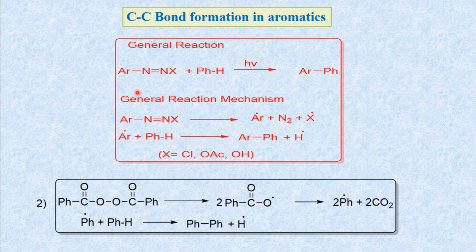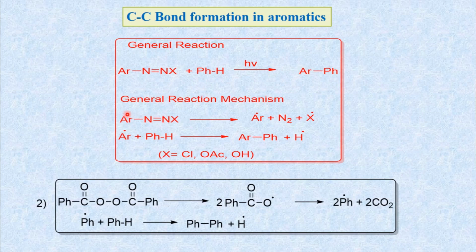He explained this result by the following mechanism involving the direct displacement of hydrogen atom in the aromatic solvent molecule by aryl radical, that is abstraction of entire aryl group of the solvent molecule by the aryl radical. So this is the simple reaction. This diazonium salt reacts with this aromatic solvent, and you will get this annihilation of this ring, and this is the reaction mechanism.